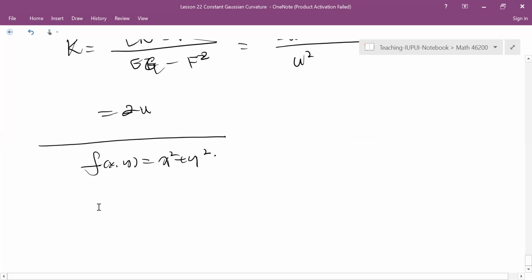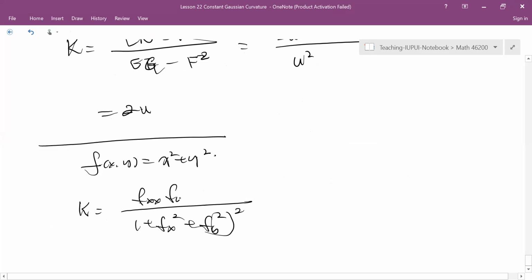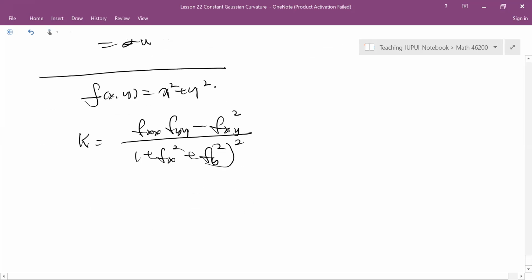And this is your exercise. You compute it. It's going to be the second derivatives over 1 plus f_x squared plus f_y squared, squared.